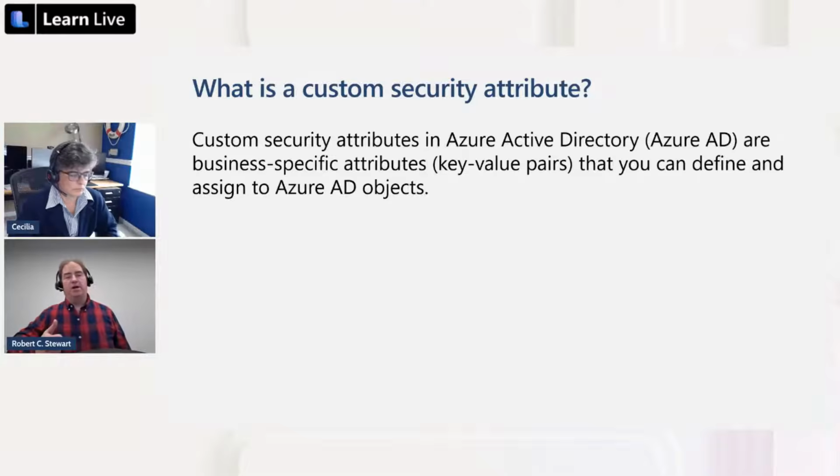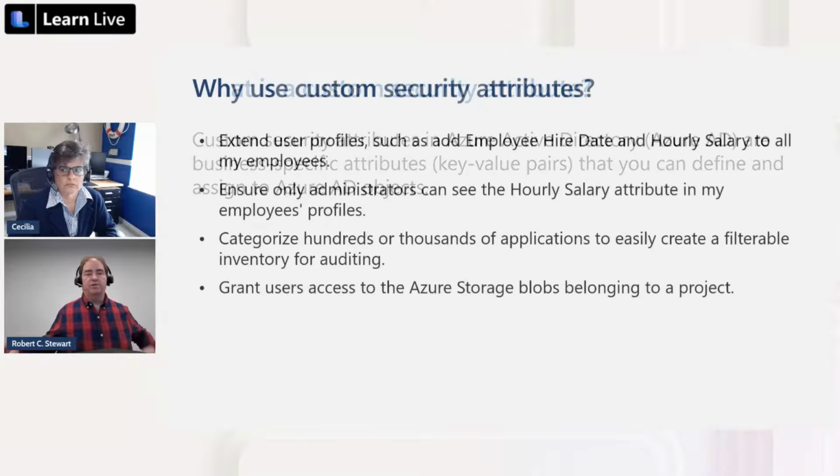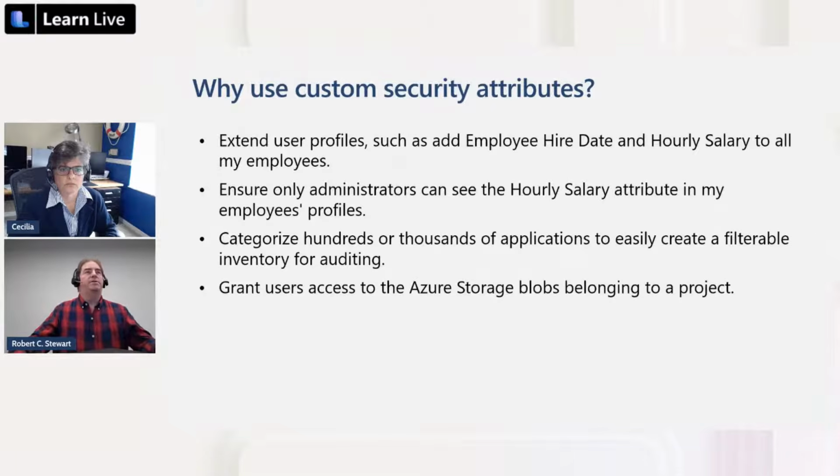These are key value pairs, meaning that you give it a title and a value. I'm going to skip to the next slide, which has a little more detail about it.